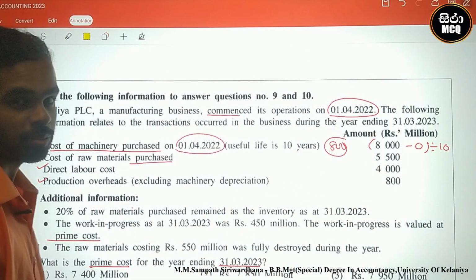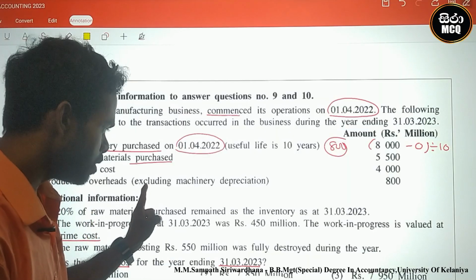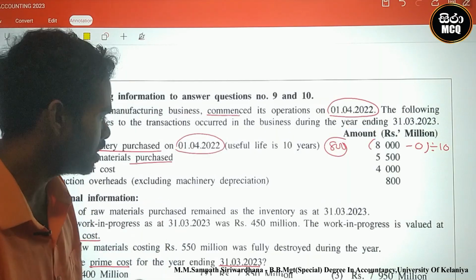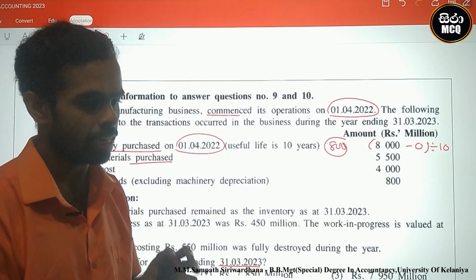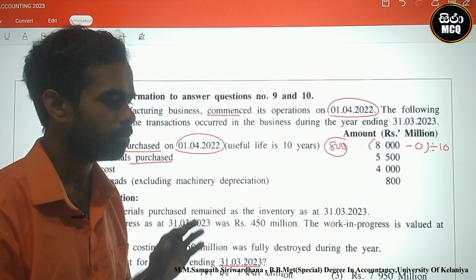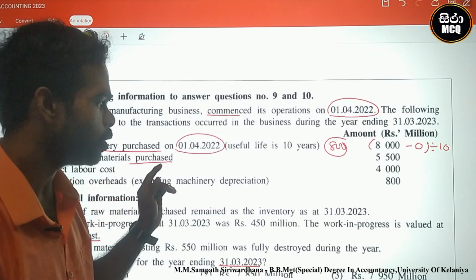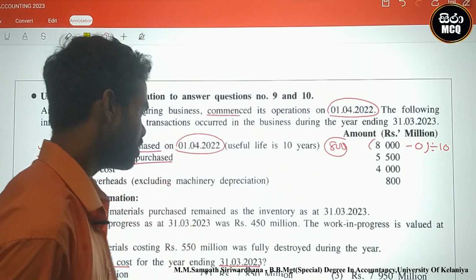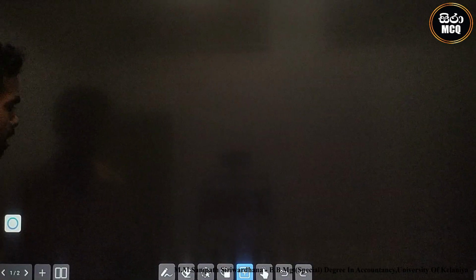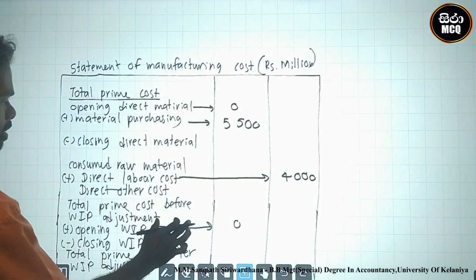Production overheads. This is production overheads excluding machinery depreciation, meaning the 800 does not include depreciation. Therefore production overhead is 800 million.